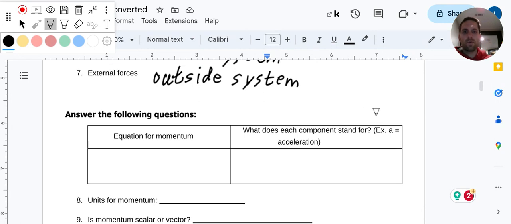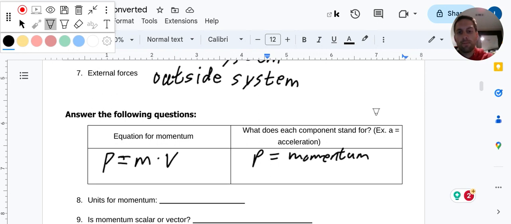So the equation for momentum is P equals mass times velocity, where P is momentum, M equals mass, V equals velocity.